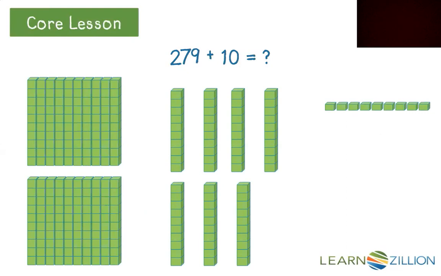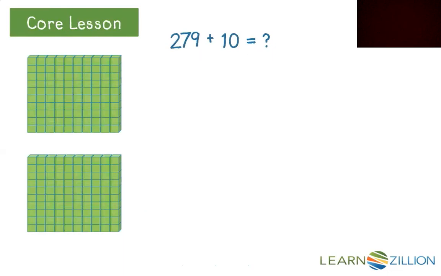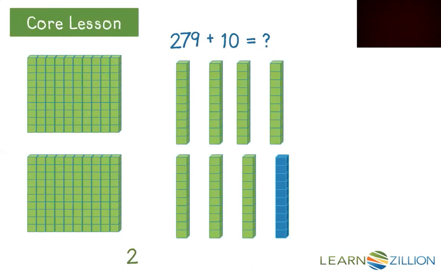So all I need to do is add another 10 long. Here's that 10, and it's the blue 10 long. The only thing that changed was my tens place. So now I still have two hundreds, I have 8 tens, and I have 9 ones. So 279 plus 10 equals 289.